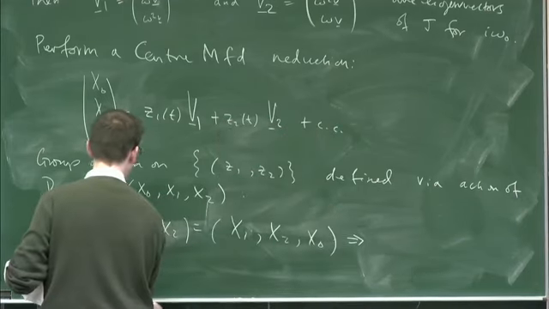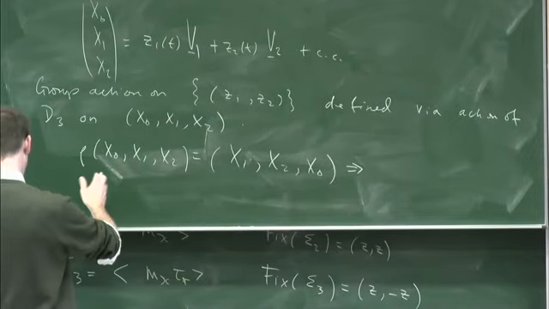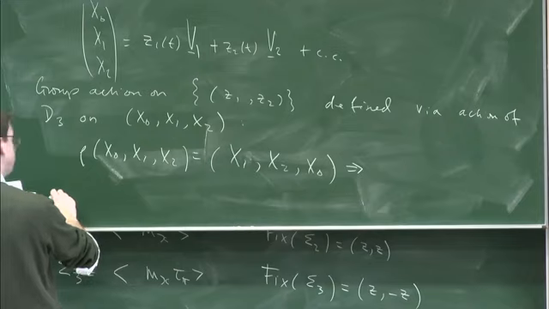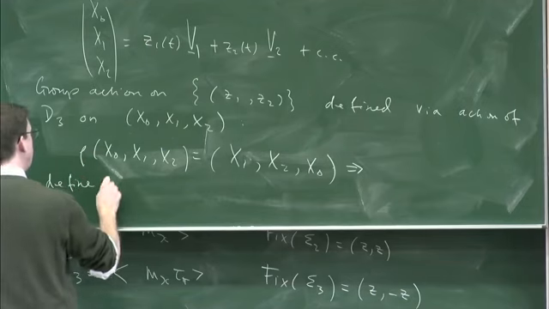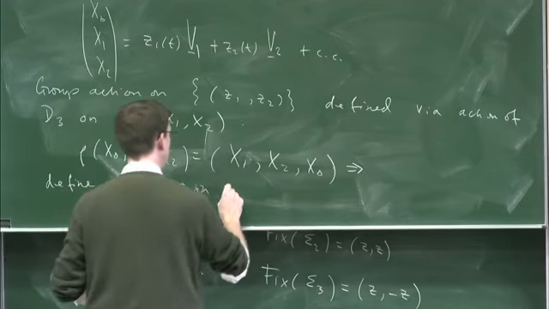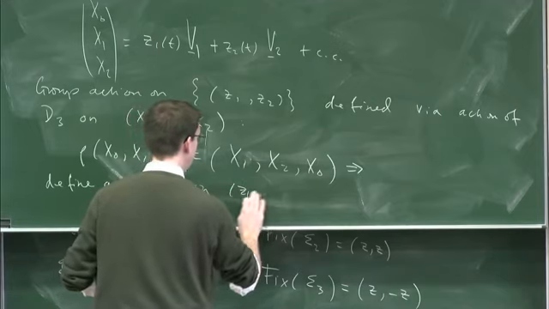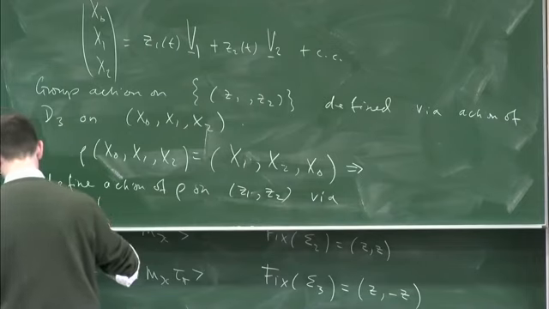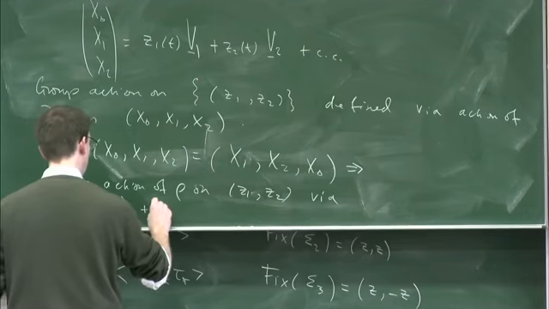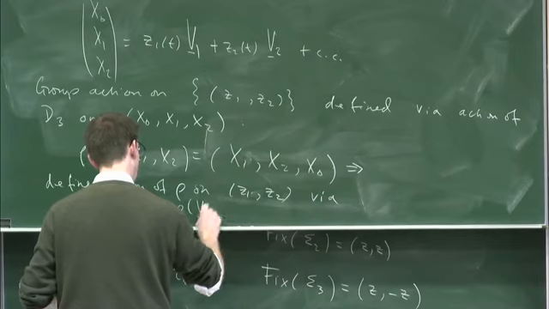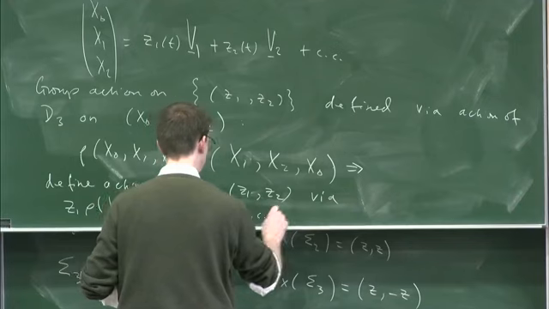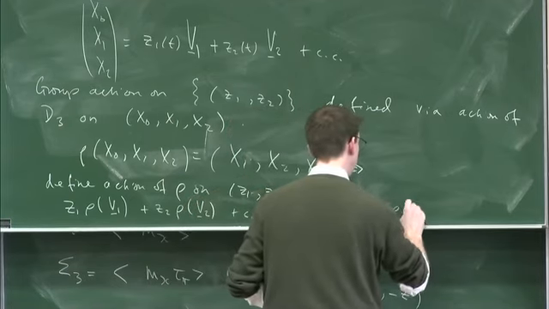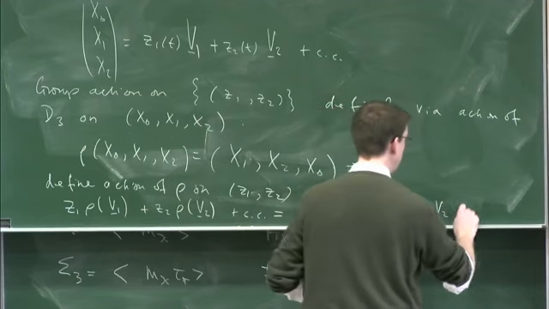So that means that I can define an action of rho on z1, z2 by saying z1 rho of V1 plus z2 rho of V2 plus conjugate should be what I'm going to call rho of z1 V1 plus rho of z2 V2 plus conjugate.